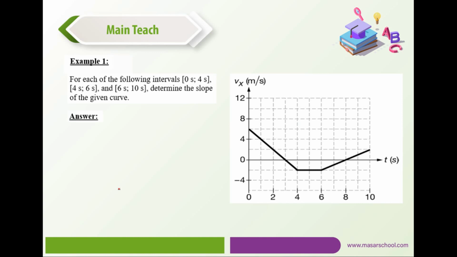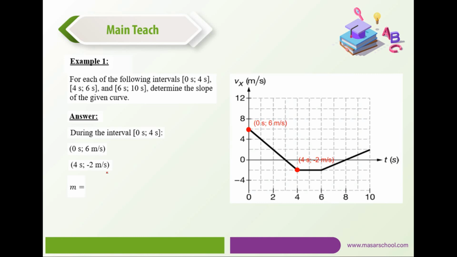Now we're in the interval 0 to 4, so we need to choose 2 points along this interval. We choose a point and directly write its coordinates here. We choose another point and directly write its coordinates.